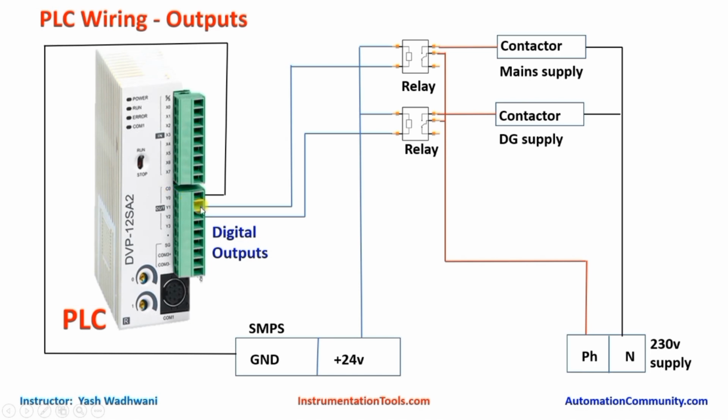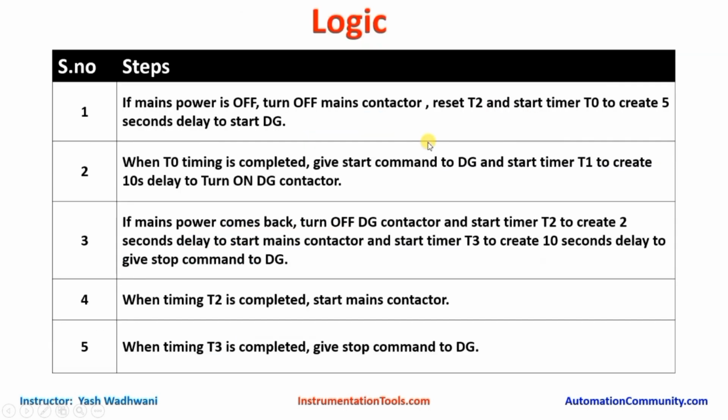So if Y0 is on, this relay will be on and it will turn on this mains supply contactor. Similarly, if Y1 is on, then this relay will be on and power will flow from this common terminal to the NO terminal, and then this contactor will be on.